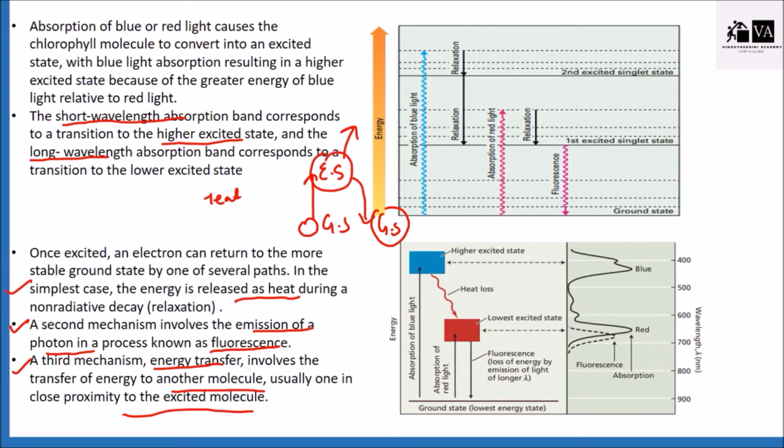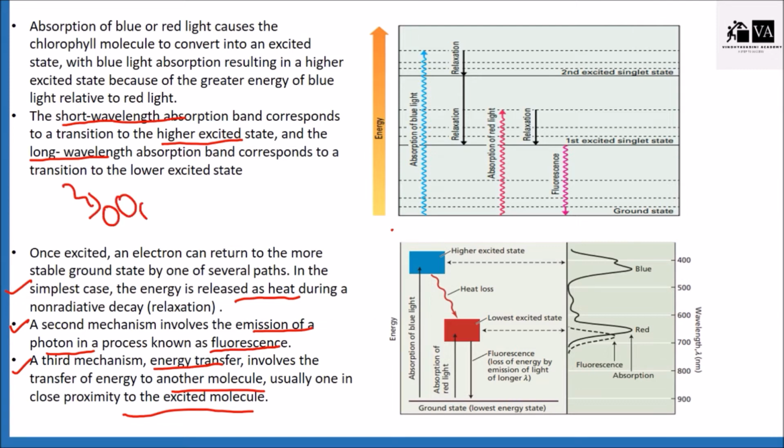For example, if a light energy falls on the surface of a molecule, it will transfer its energy to another molecule, then that will transfer its energy to another, and so on. Right? So the pigment molecule moves to its more stable ground state from the excited state by three methods.